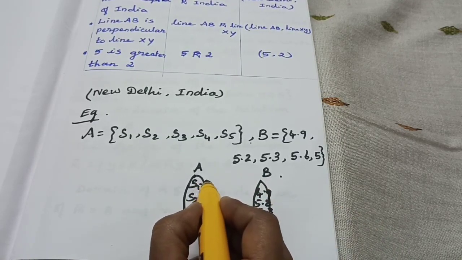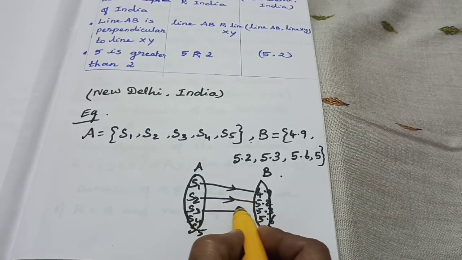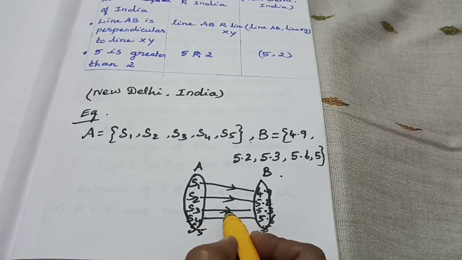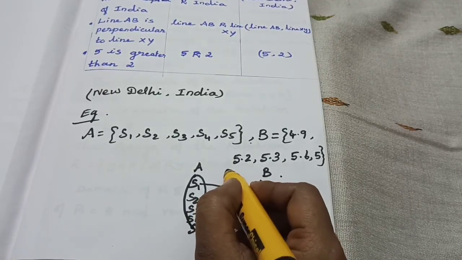Then I am going to map like this, S3, S4, S5. That is the relation I am going to take.